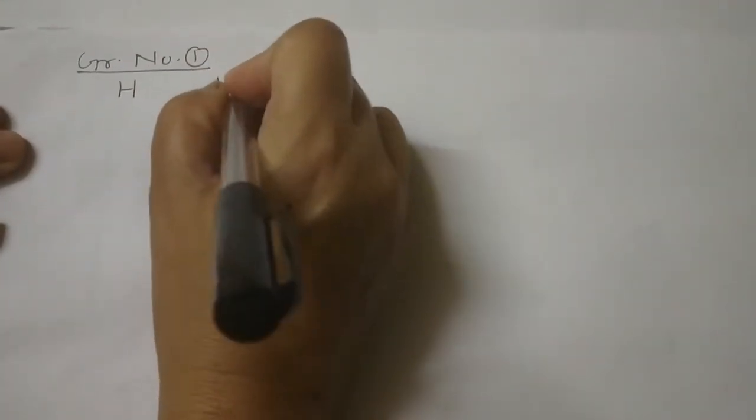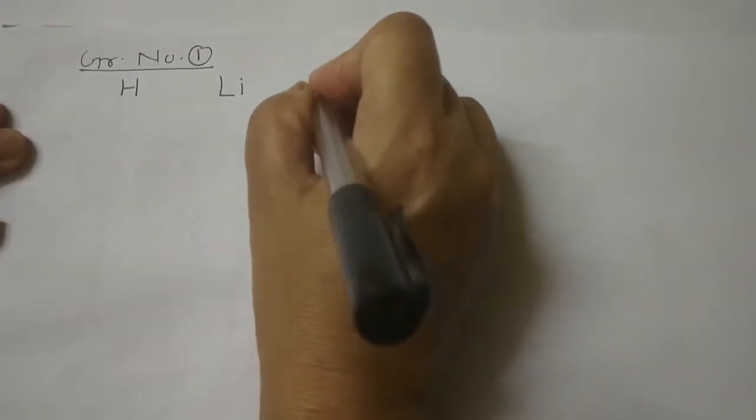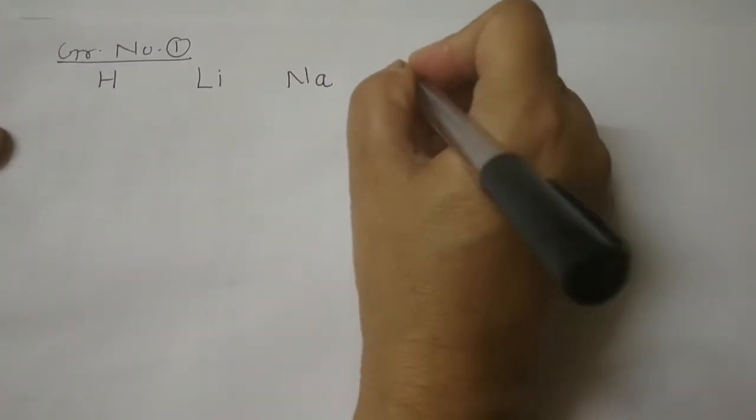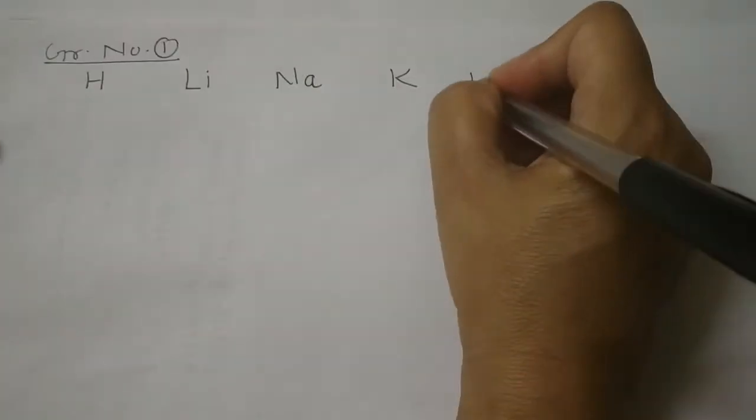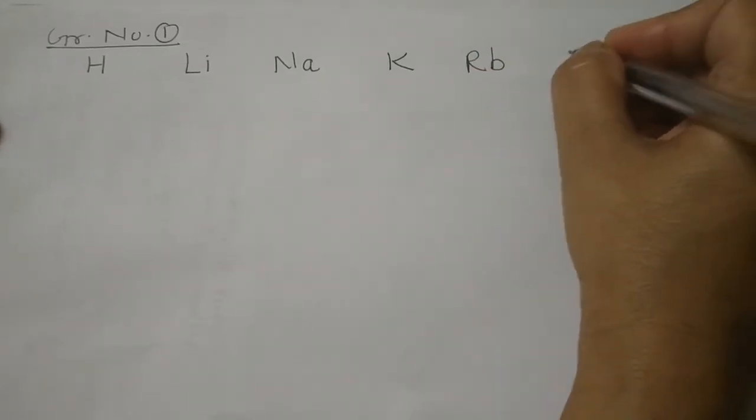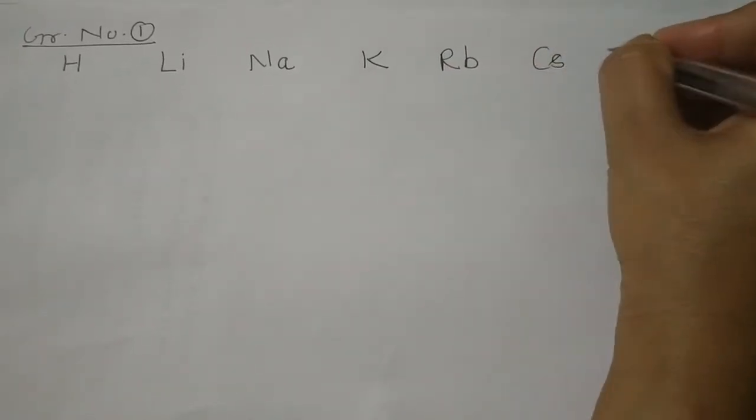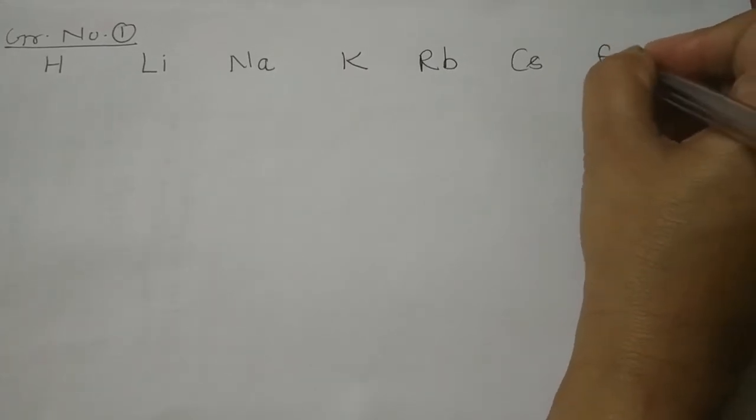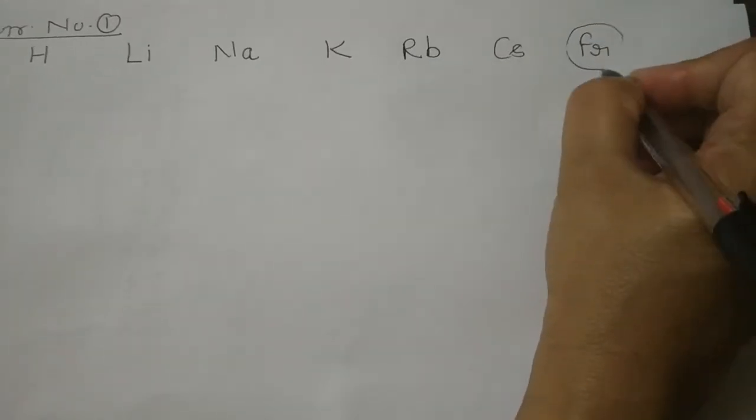Now, in group number 1, suppose we start with hydrogen, then we have lithium, then sodium, potassium, rubidium, cesium, and francium, Fr.